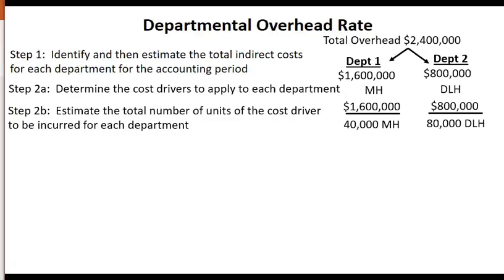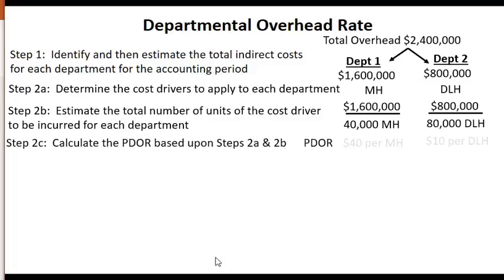Then we're going to go to 2C, and now we're going to calculate the predetermined overhead rate based upon our prior two steps. In this case, when we do our division of the $1,600,000 divided by 40,000 machine hours, we're going to come up with the predetermined overhead rate out of Department 1 of $40 per machine hour.